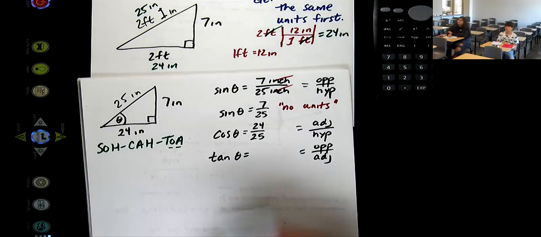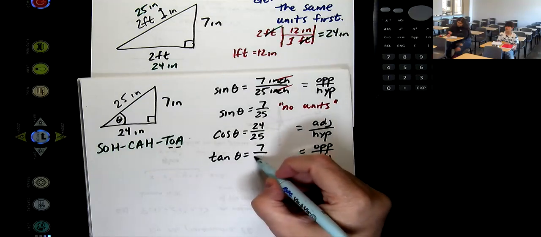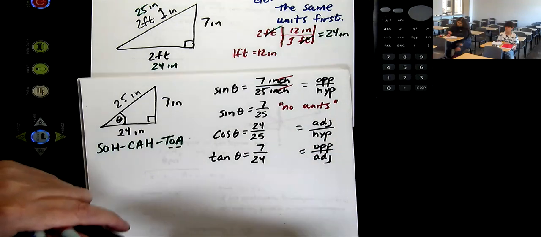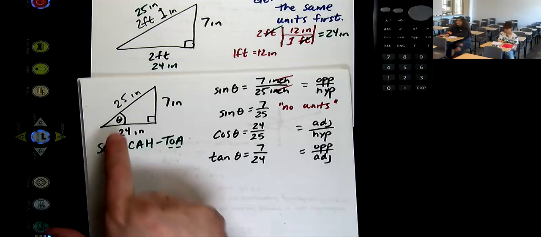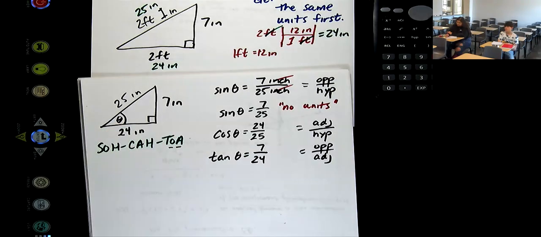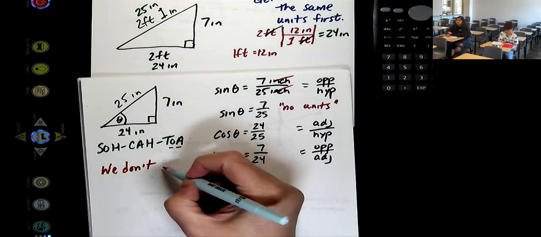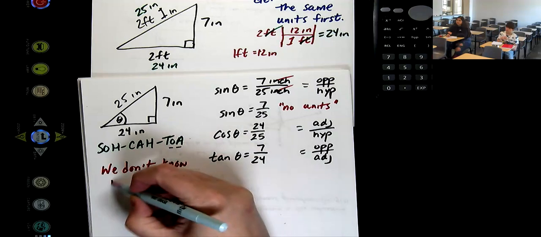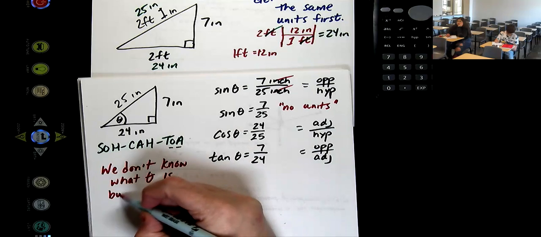Opposite is 7, adjacent is 24. Here, we don't know what angle it is. We don't know what theta is. But we can figure it out with a calculator.